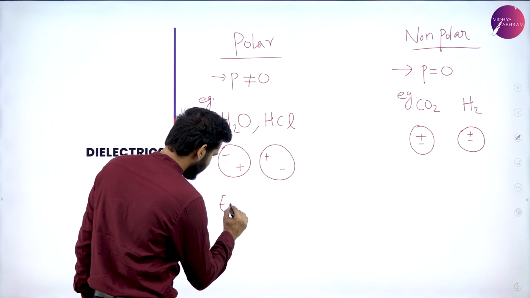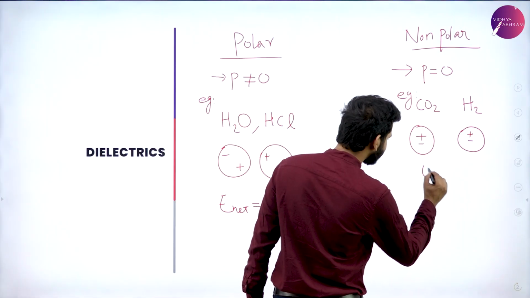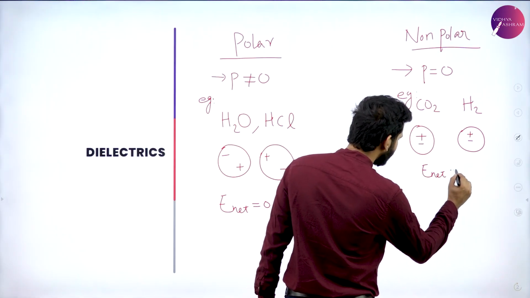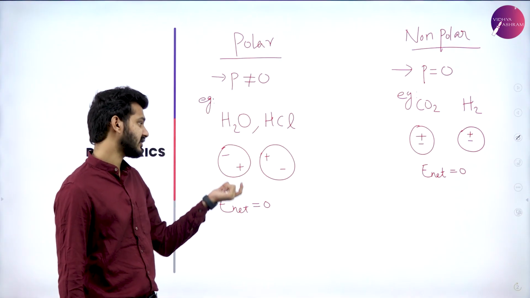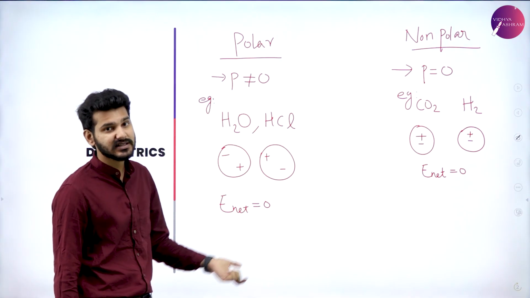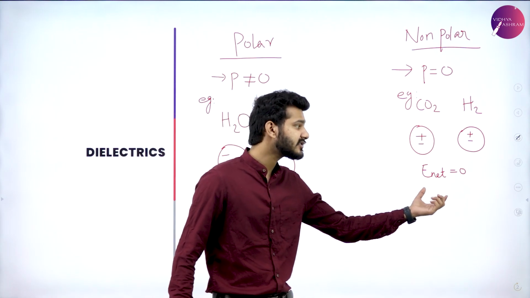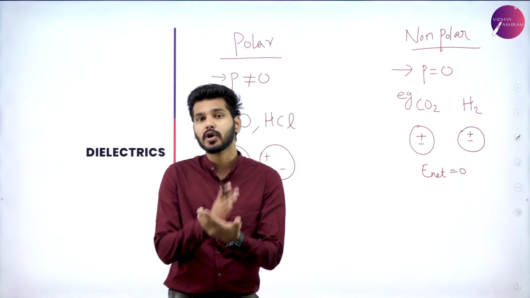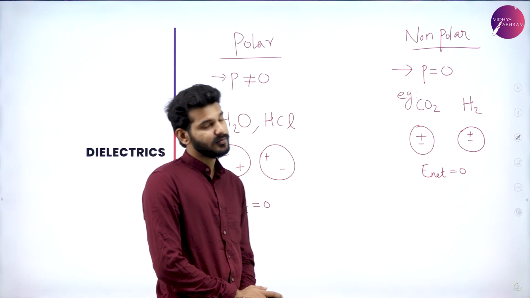So, E net will be equal to 0 here, and here also E net will be equal to 0. And these two are because of two different reasons. One is because the charge centers are randomly oriented, so they cancel each other out. And here it is because the charge centers coincide with each other. So that means the net electric field becomes 0.